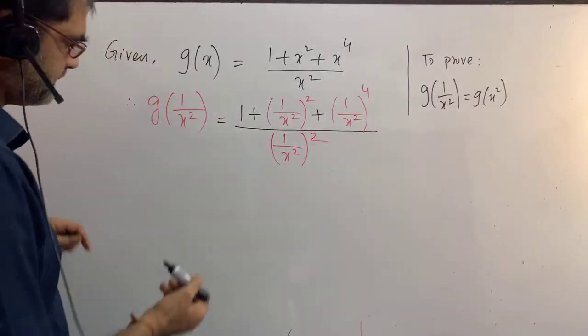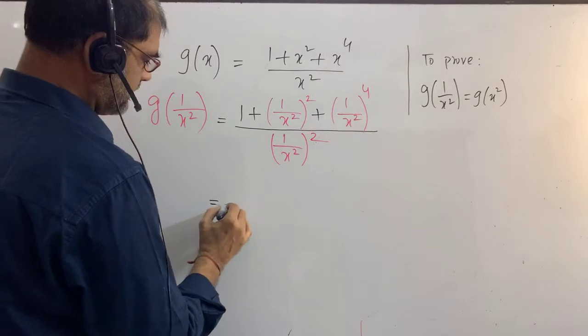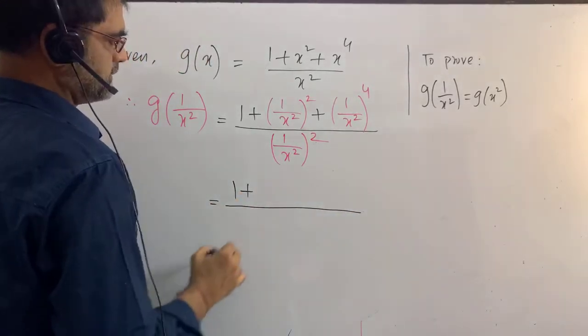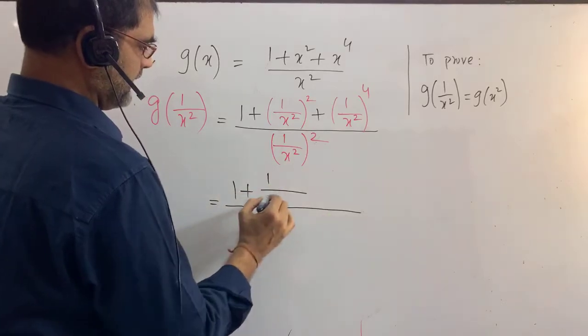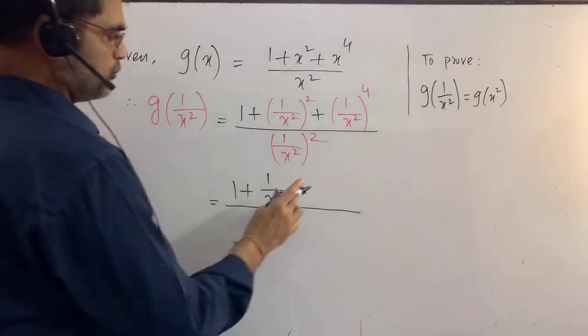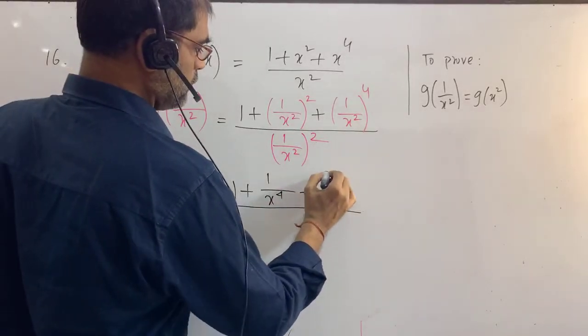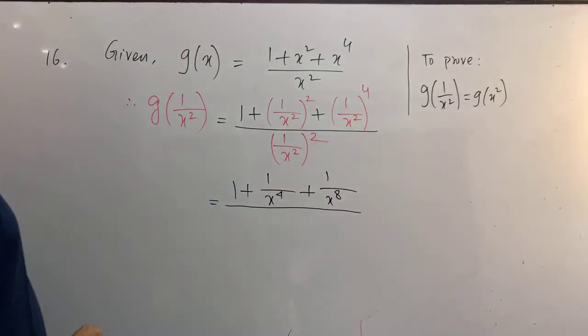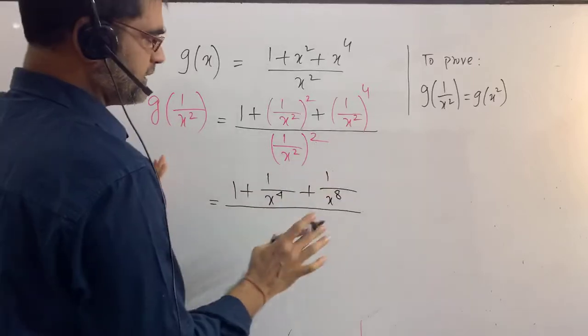You see, here we can write 1 plus 1 by x to the power 4, okay, plus 1 by x to the power 8, right? Now in the numerator we have got this.